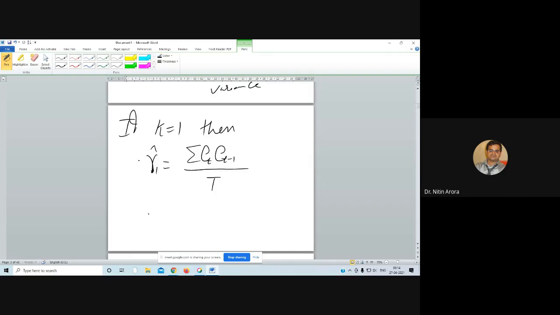Similarly, gamma 2 cap will be summation et et minus 2 divided by T. You can make this a loop operator, t is equal to 1 to capital T, or that is understood.